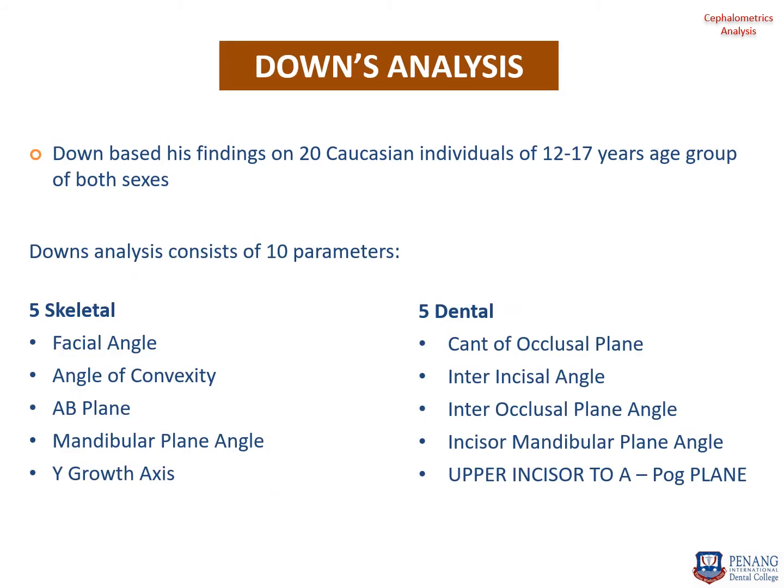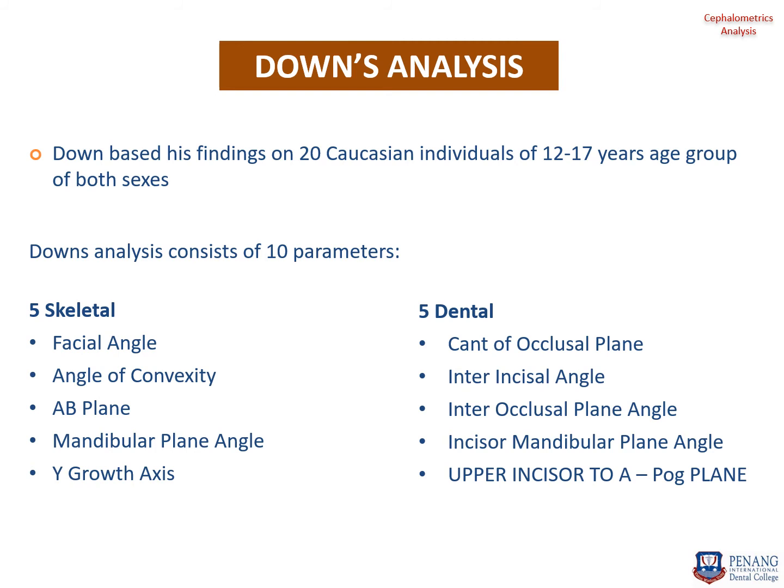We shall now discuss the third analysis, that is Downs. Downs based his findings on 20 Caucasian individuals aged 12 to 17 of both sexes, and his analysis was drawn from this particular group. Downs analysis consists of 10 parameters. 5 are skeletal and 5 are dental.